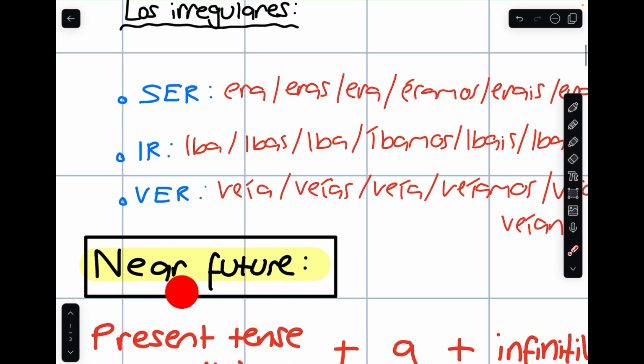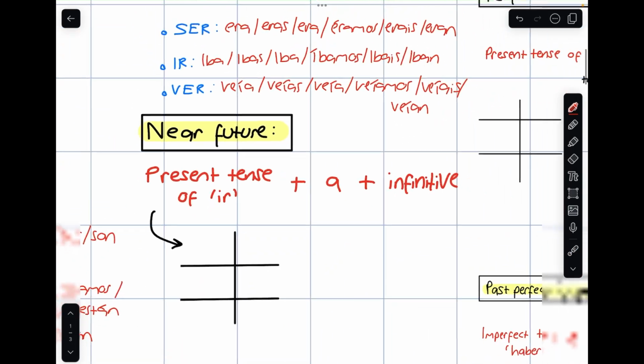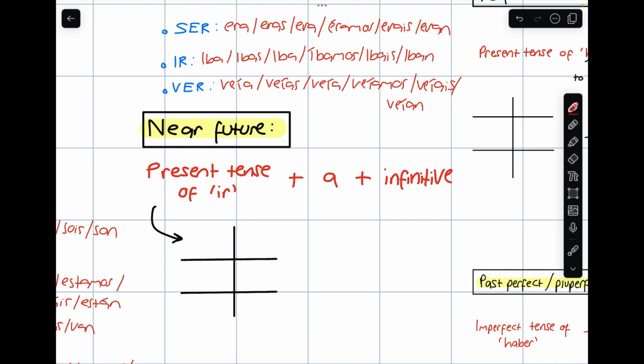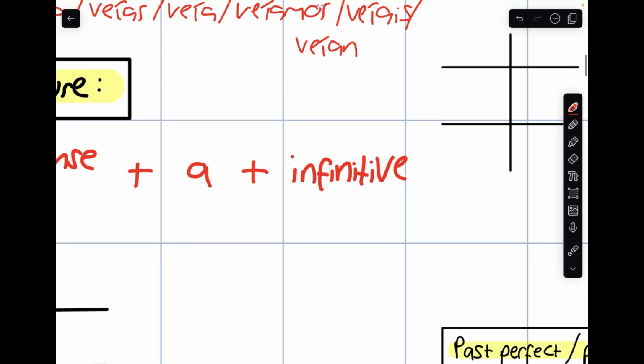Bueno, let's move on now to the next tense. We're now going to be looking at a new time frame and a new tense, the near future tense. As the name suggests, the near future tense talks about near events in the future. And the way we form it, we take the present tense of ir, we add a, and we add an infinitive verb. Just remember that an infinitive is the part of the verb that ends in ar, er, or ir.